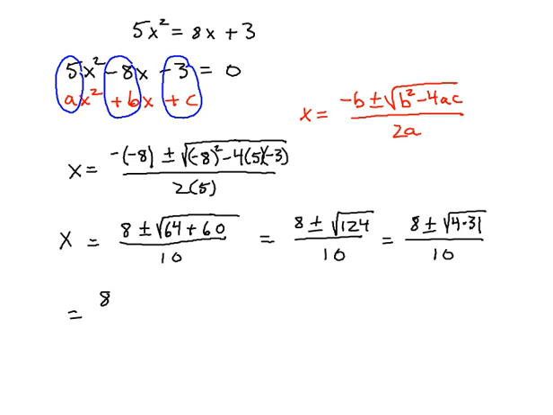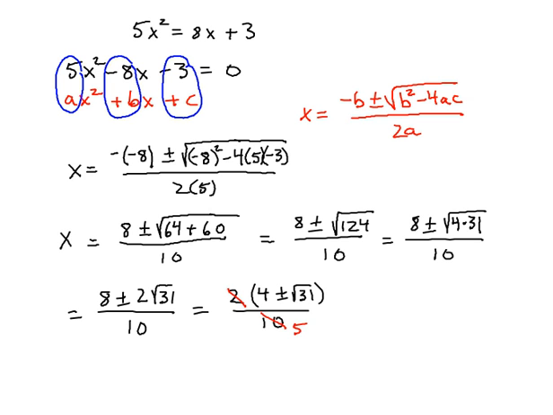So I'd have 8 plus or minus the square root of 4, which is 2, and then factoring out a 2, I would have 4 plus or minus the square root of 31 over 10, and then I can divide the 2 into 10 and end up with 4 plus or minus the square root of 31 over 5.